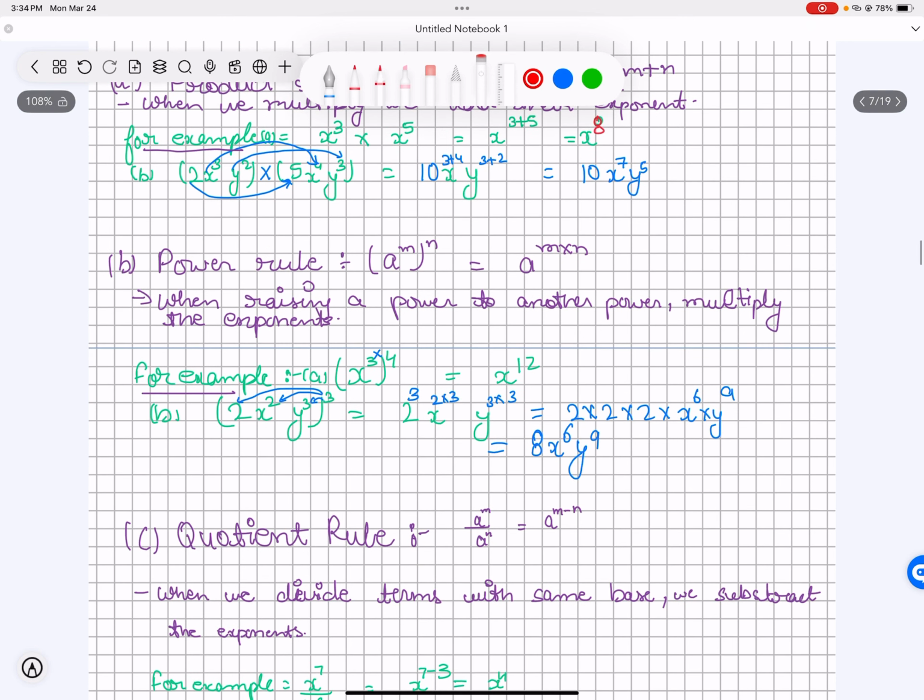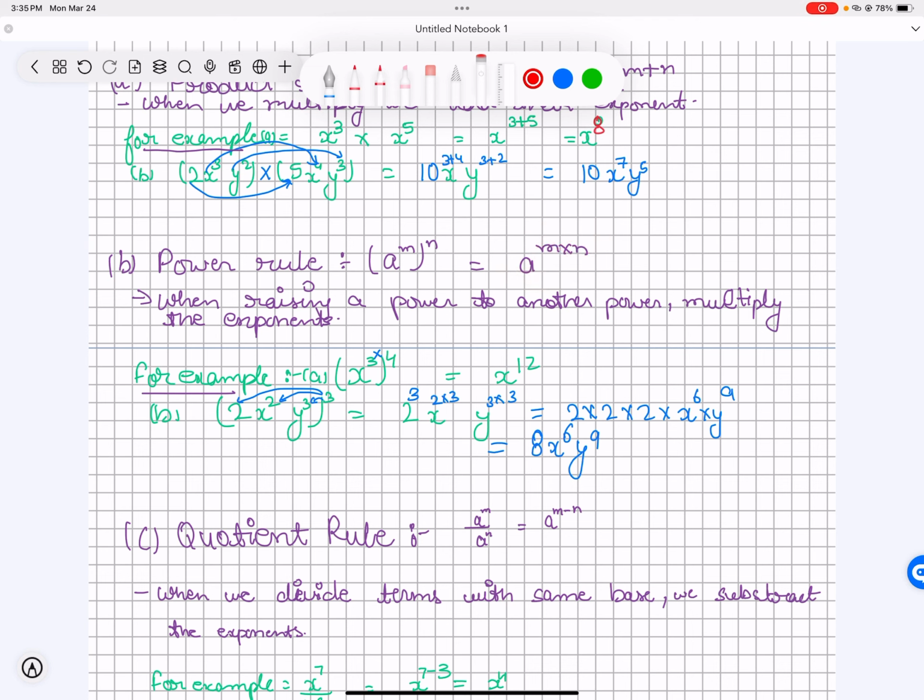And then the next rule is a power rule. For the power rule, we have an expression in the bracket with its power, and then we have another power for the whole expression.